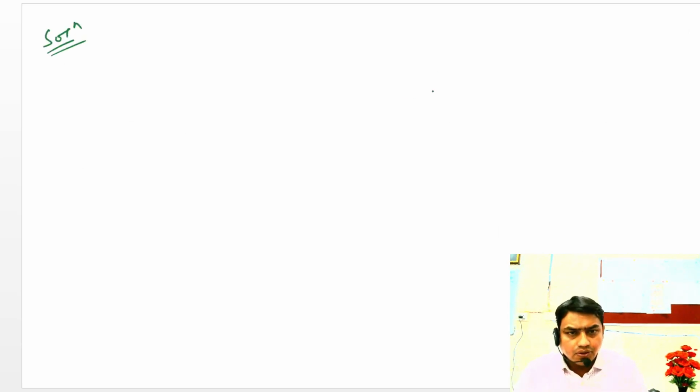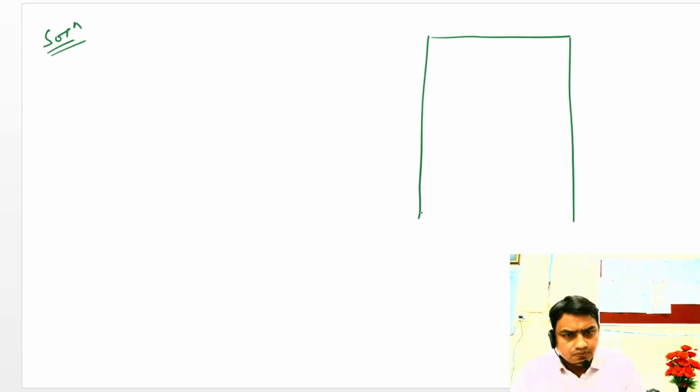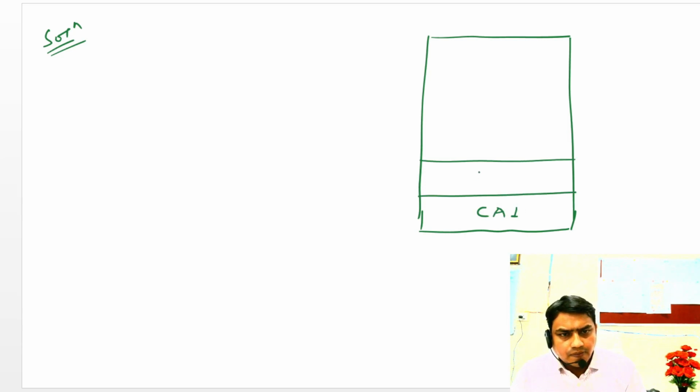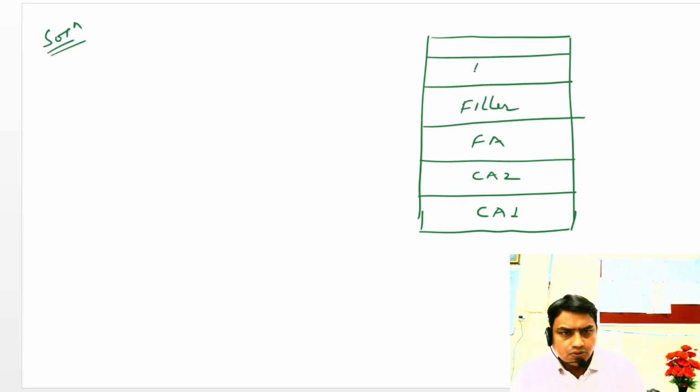So if I draw, this is coarse aggregate 1, coarse aggregate 2, fine aggregate, filler, bitumen, here voids.